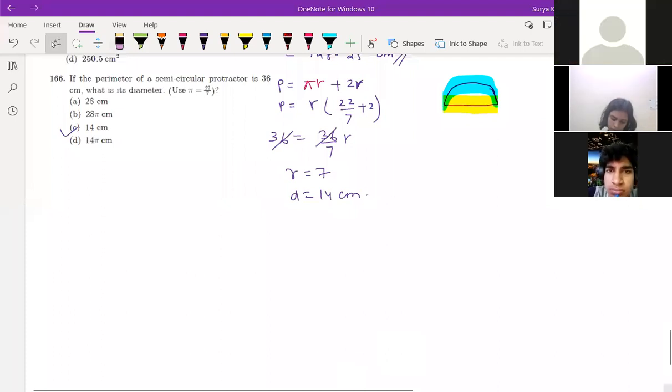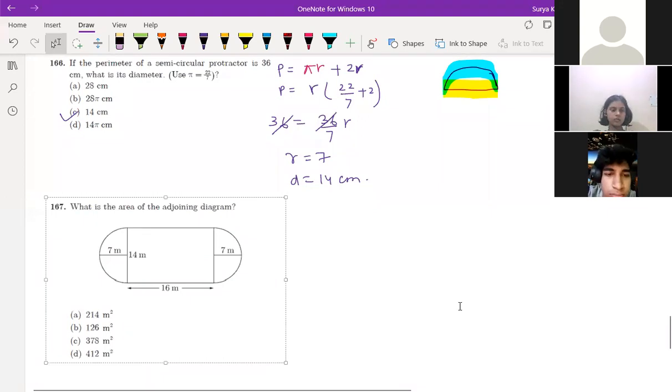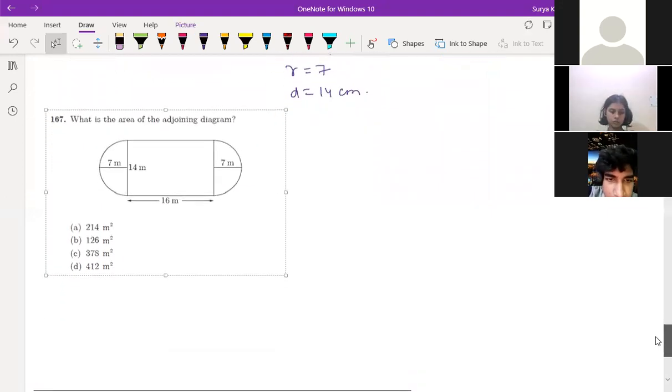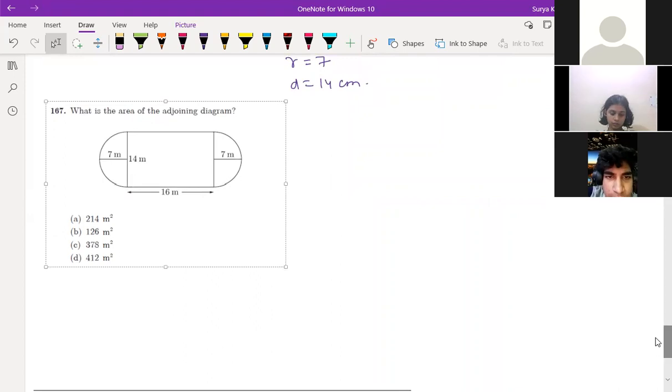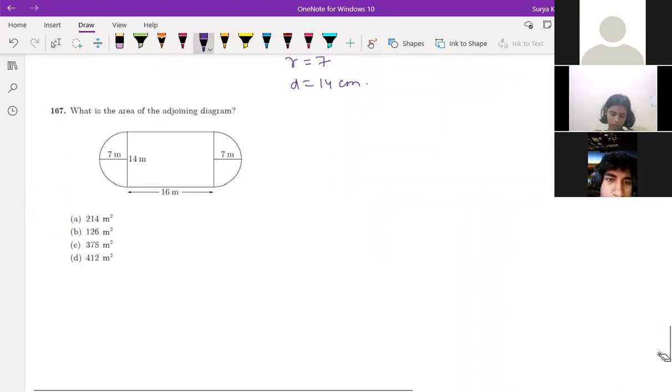Next question. If you have any doubt, you can ask. Next question is the area of the adjoining figure. Question number 167. The area of the adjoining figure is what? This is very, very easy. Okay, Javian, tell me how to find it. The area of the adjoining diagram is nothing but what?